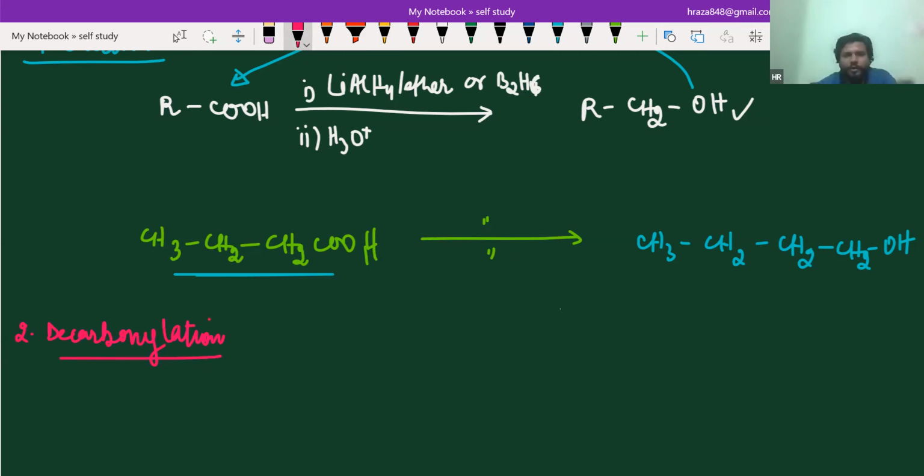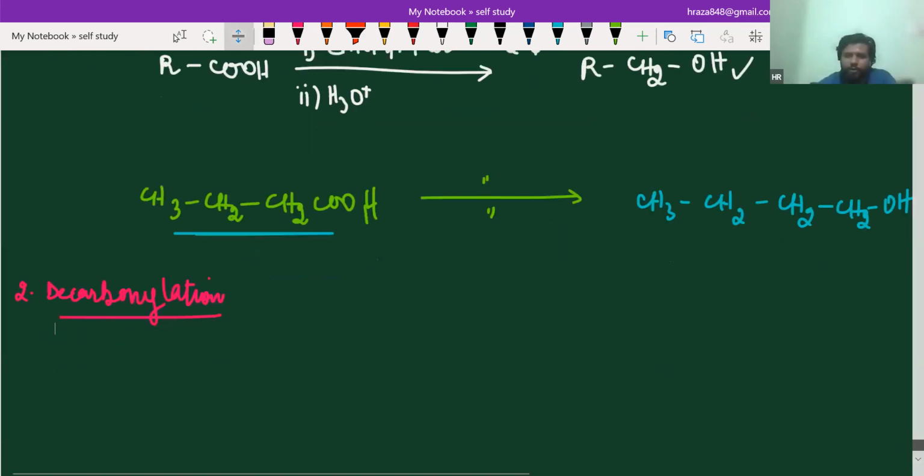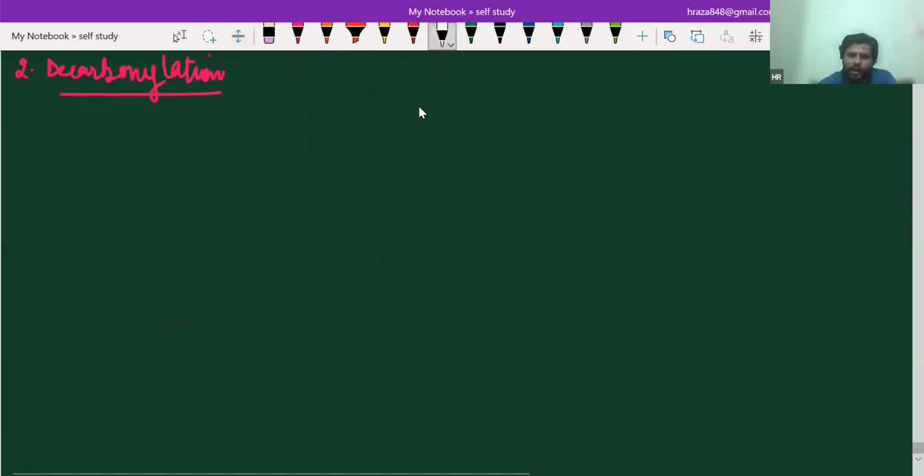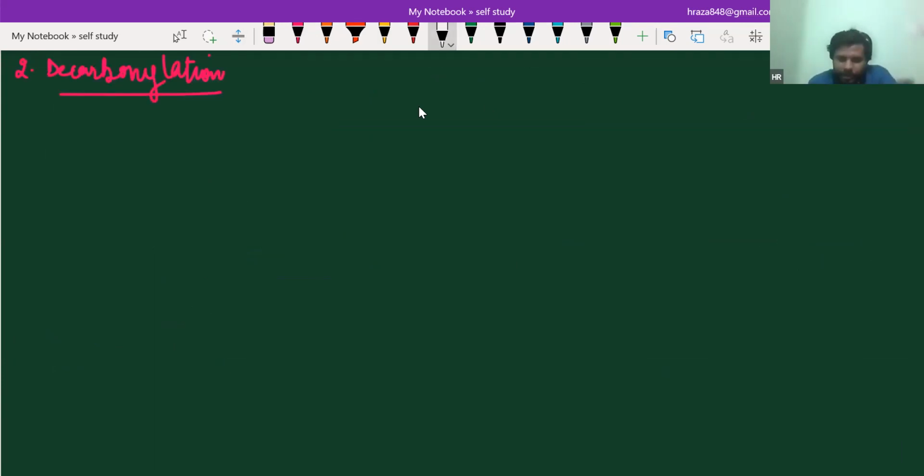So you have studied this reaction in class 11th also. Decarboxylation means you are going to remove CO2, the removal of carboxylic acid type.